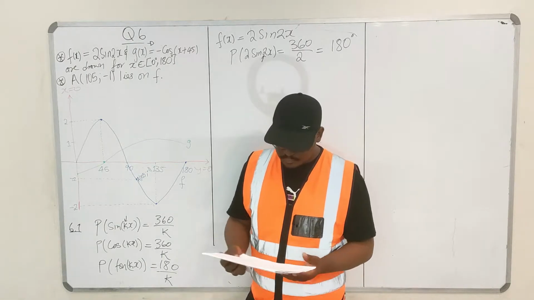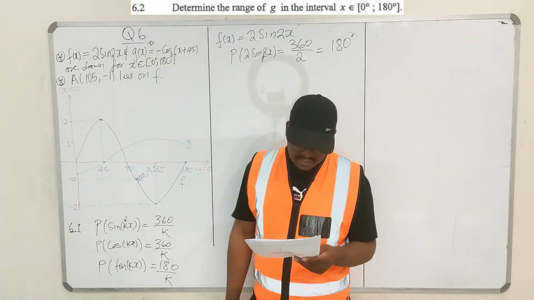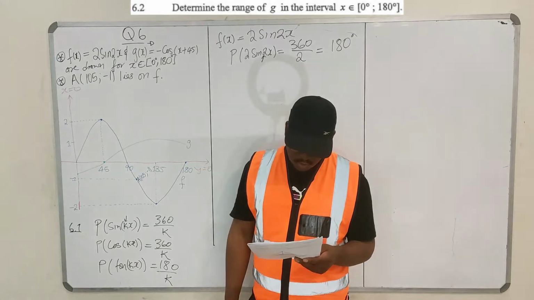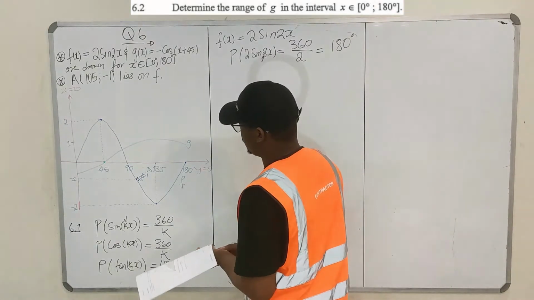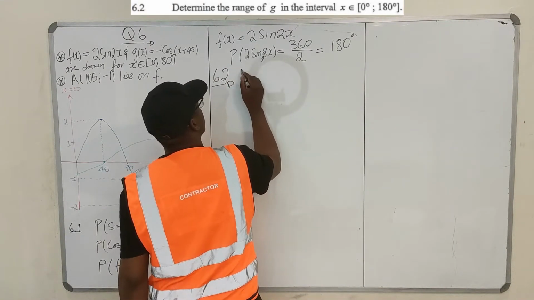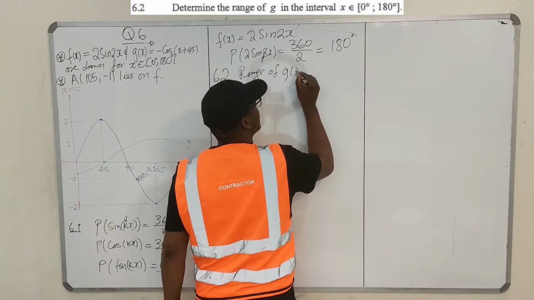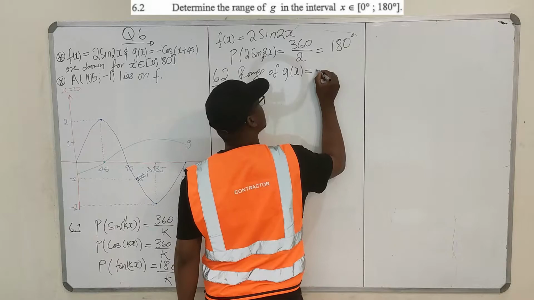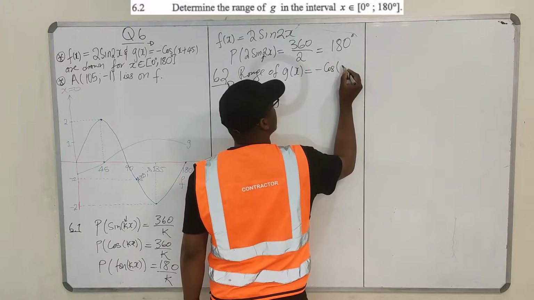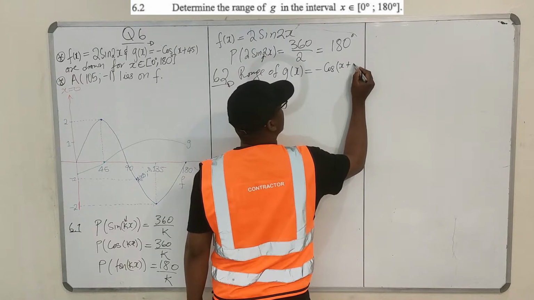Done. We move on. They want you to find the range of g on the interval x. So they want you to find the range of g of x, which is equal to negative cos x plus 45.